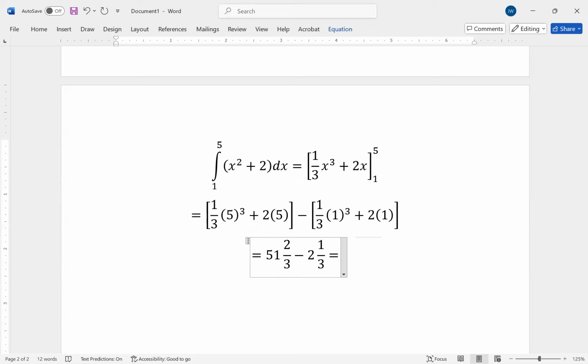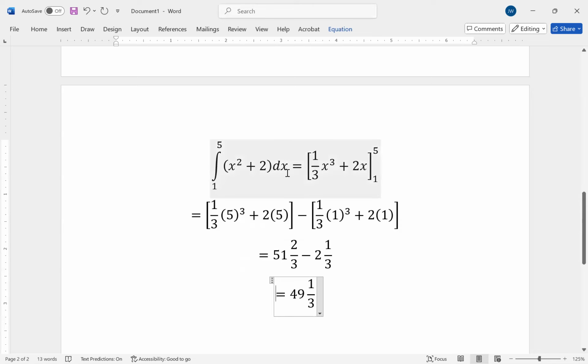And if I take 51 2/3 minus 2 1/3, I get 49 1/3. So 49.3 repeating, or 49 1/3. And that's the signed area for this function from x equals 1 to x equals 5.